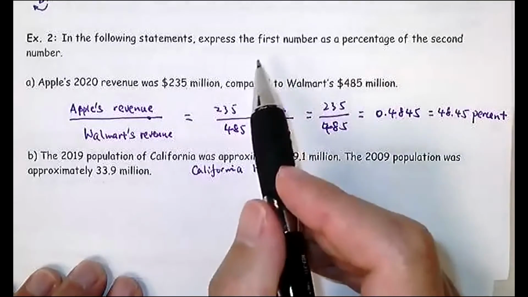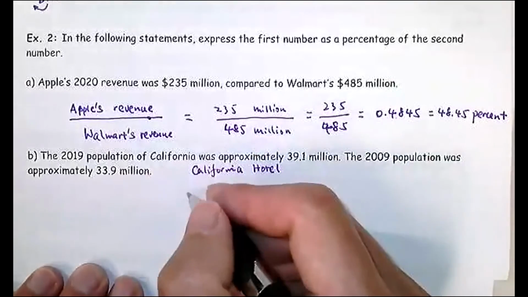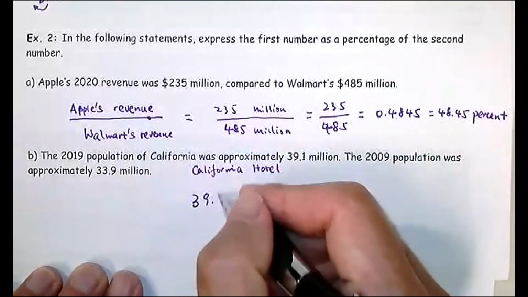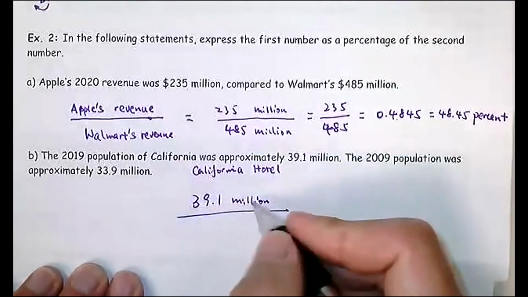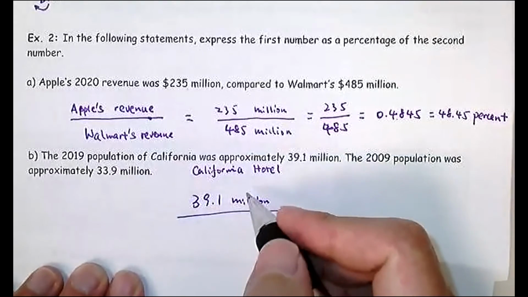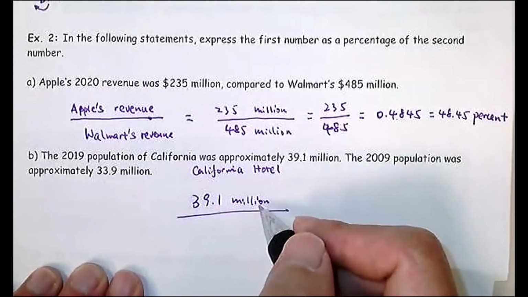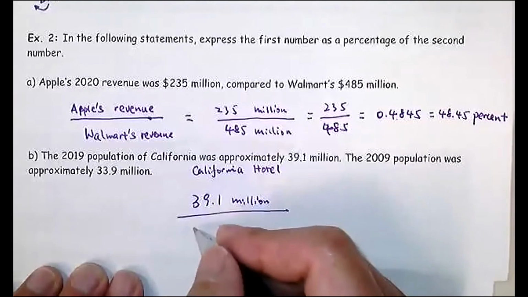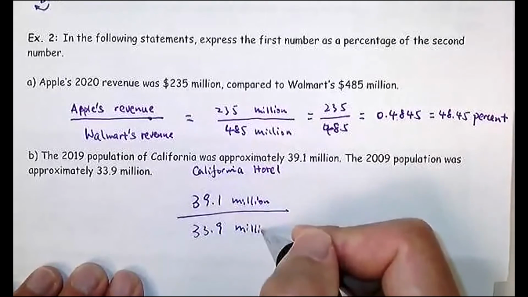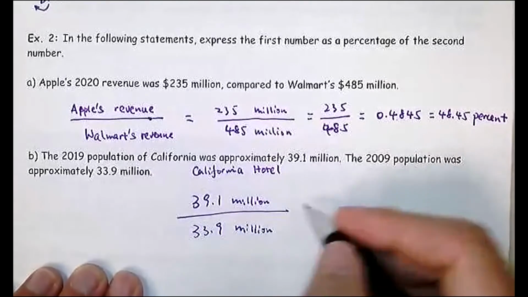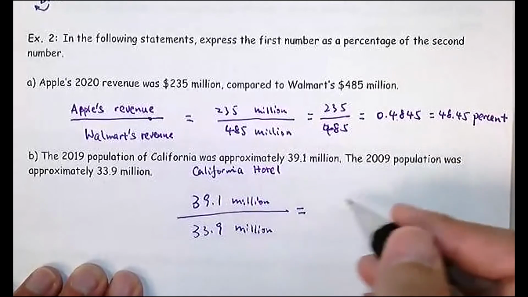However, we want to express the first number as a percentage of the second number. So again, first number divided by the second number. Make sure you include the units since we eventually want to cancel the units. Sometimes they use different units, and make sure they go to the same units so that they cancel without any mistake. Once you have such a fraction, million cancels with million.